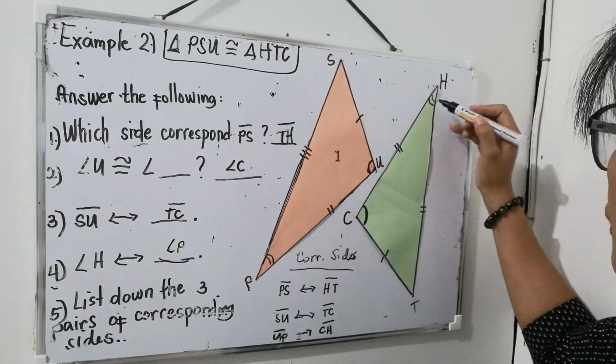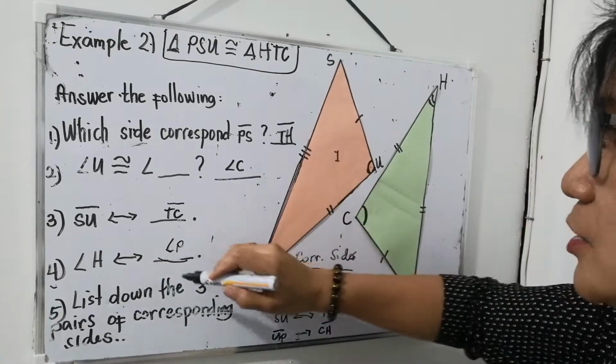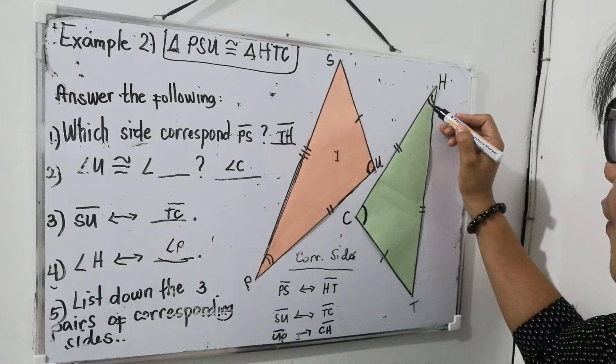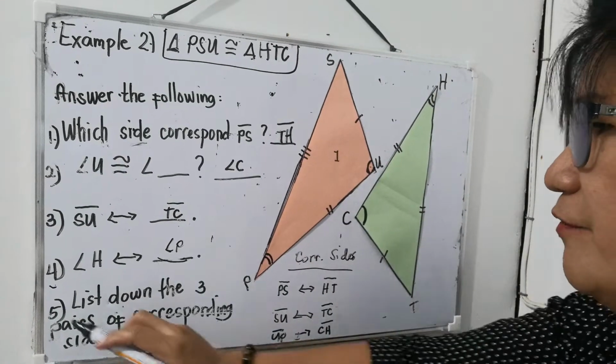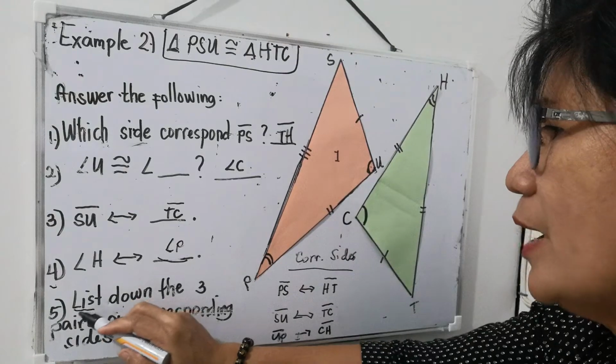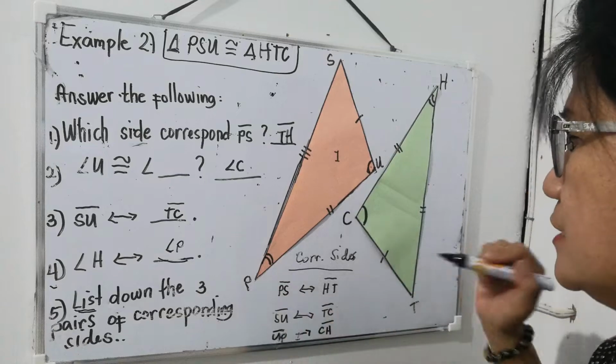Nasaan si angle H? This one. Angle H corresponds to what angle? Angle P. All right. Number 5, we are asked to list down the 3 pairs of corresponding sides.